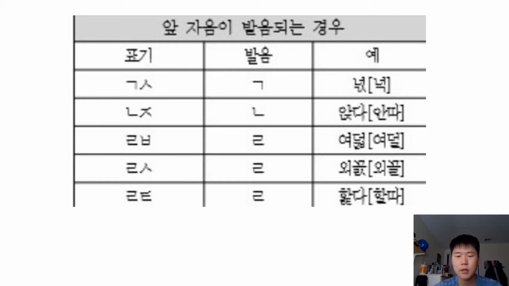And this kind of rule applies for all of these types of 겹받침s, right? So today we will be going over all of them. So the first one we just went over, and now let's move on to the second one. There's 니은 and 지읒.